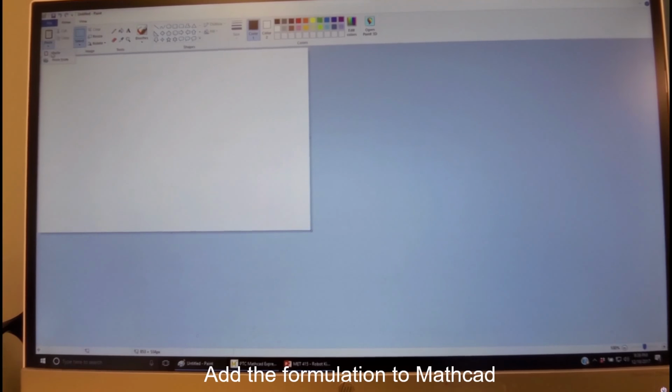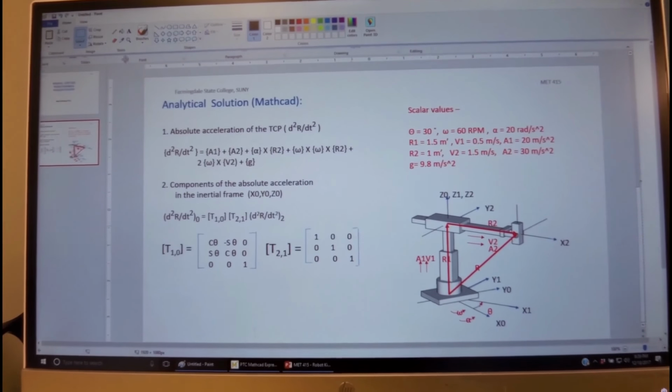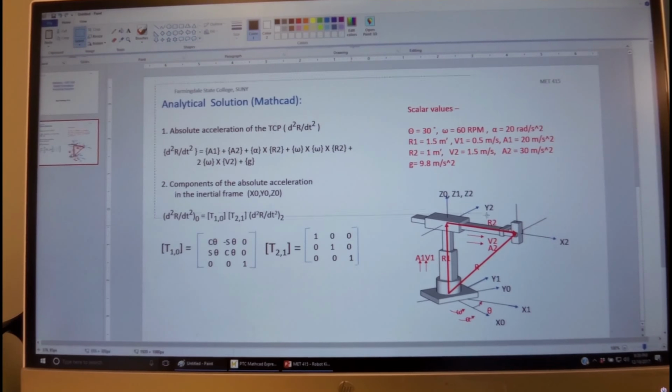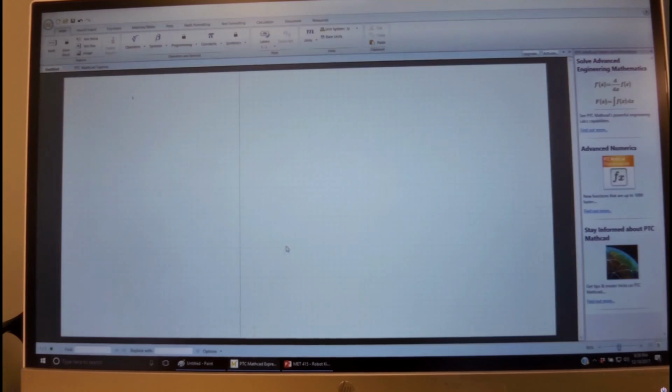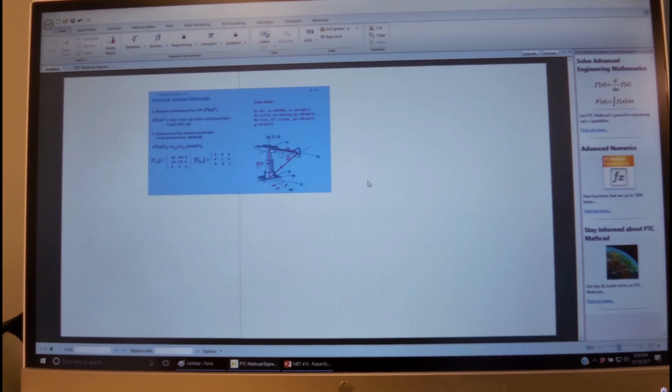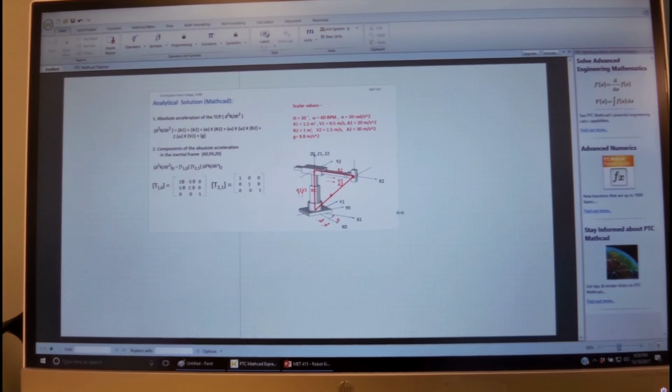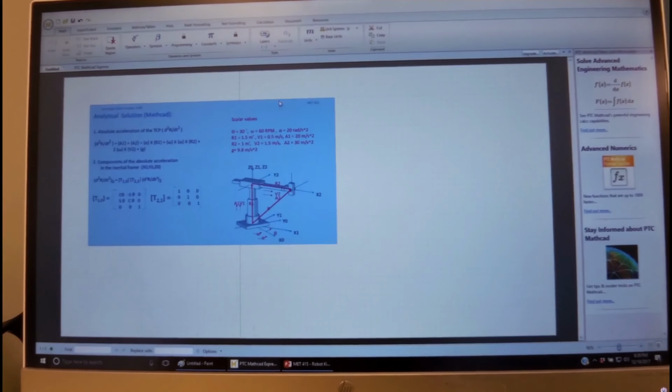I go over here to Paint and cut it, go to MathCAD, and then paste it. So now I have a presentation of what I'm looking for. I can enlarge it, so I have it a pretty nice size, and I can start my formulation.